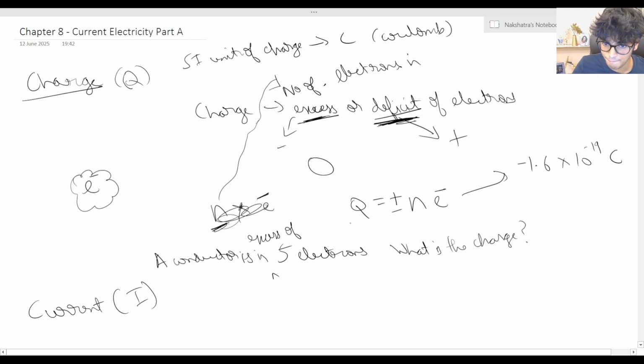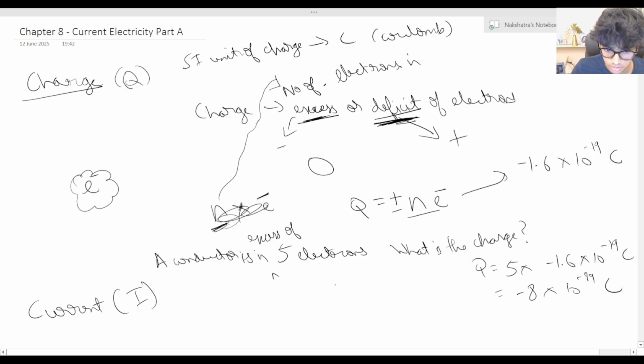Simply, we know that Q is equal to Ne. N over here is 5. We can simply say Q is equal to 5 into minus 1.6 into 10 to the power minus 19 coulomb. So Q is equal to minus 8 into 10 to the power minus 19 coulomb.